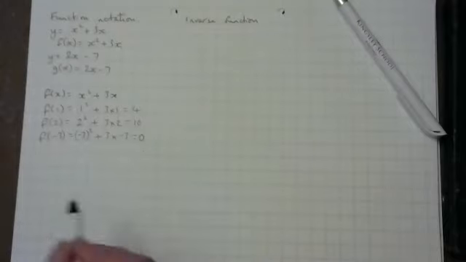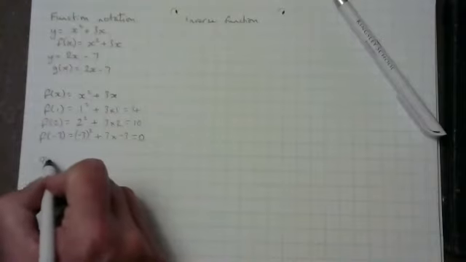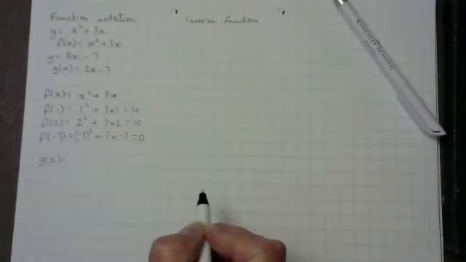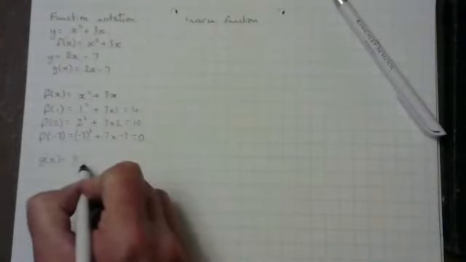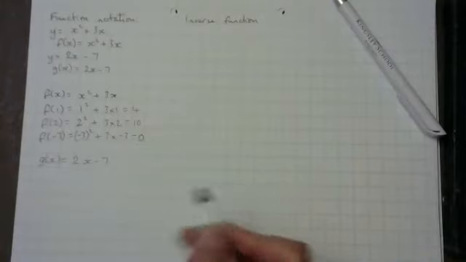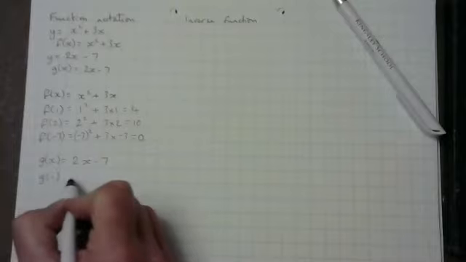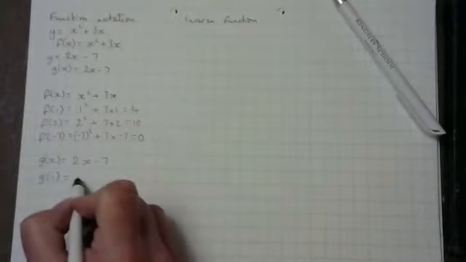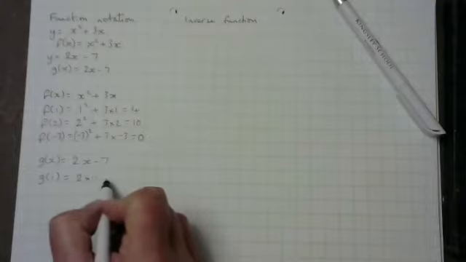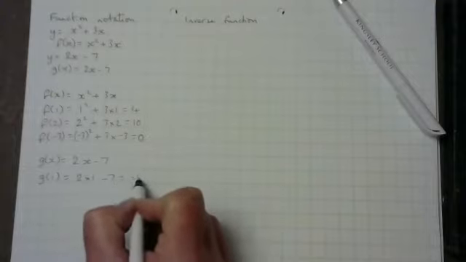If I look at g of x there, g of x equals 2x minus 7, I have inputs and I have outputs. G of 1, for example. 1 is the input. What's the output? 2 times 1 minus 7, negative 5.